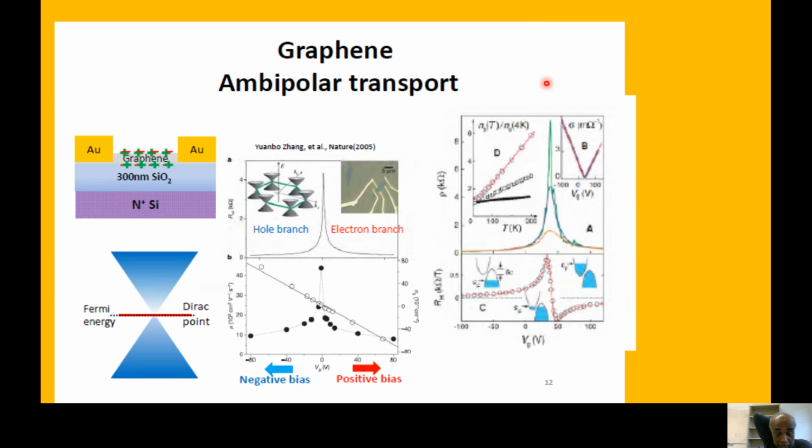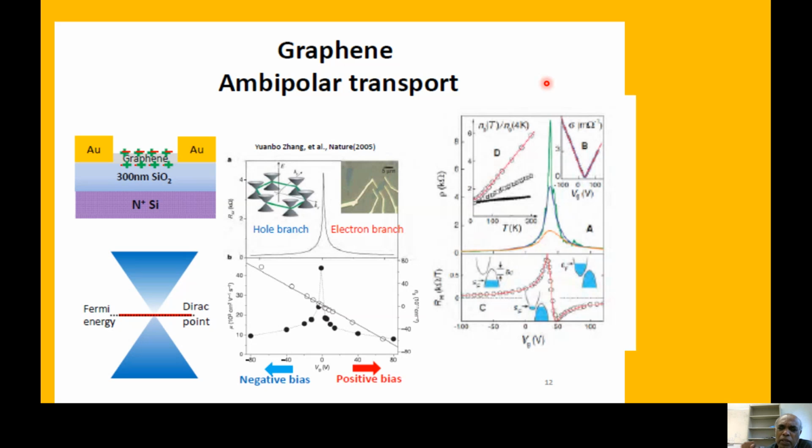Now also, if you look carefully, graphene shows this ambipolar transport behavior. Ambipolar means they respond to both positive and negative charges equally. There are materials that are unipolar, meaning they can be influenced by only one kind of charge.